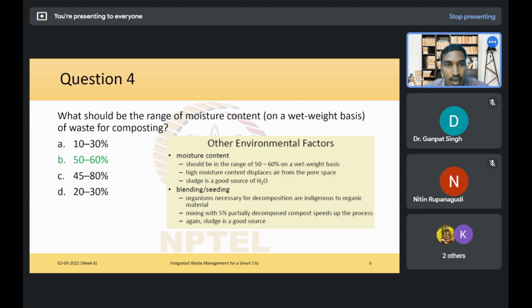In that case, air cannot penetrate through the waste, so that will not give sufficient oxygen for the decomposition to take place. Therefore, it should not be too low and it should not be too high. So a range of 50 to 60% is ideal for the composting or the aerobic process. Okay, any questions? Why it should not be too high or too low, right?